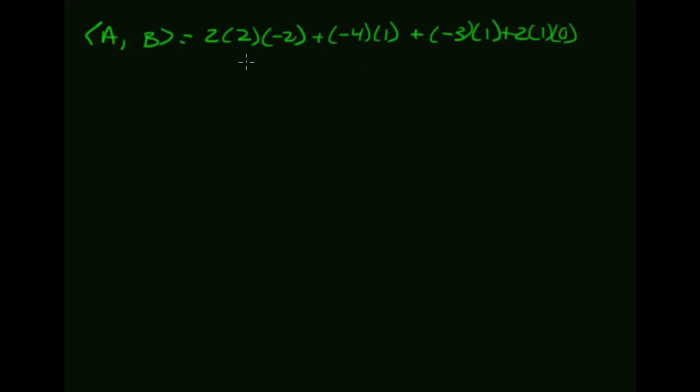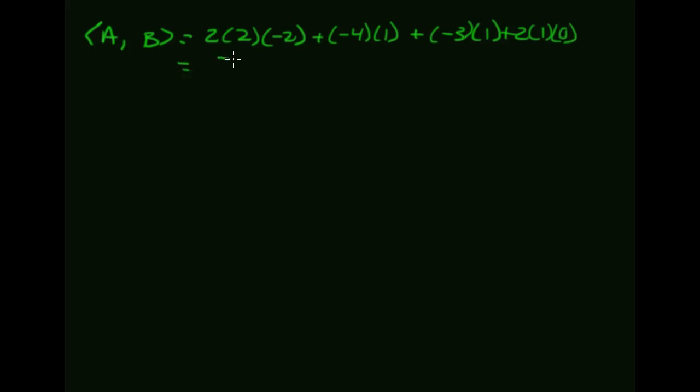Okay, so problem 3 is an inner product of matrices. So we have the inner product of A and B, which is going to be 2 times 2 times negative 2, plus negative 4 times 1, plus negative 3 times 1, plus 2 times 1 times 0.